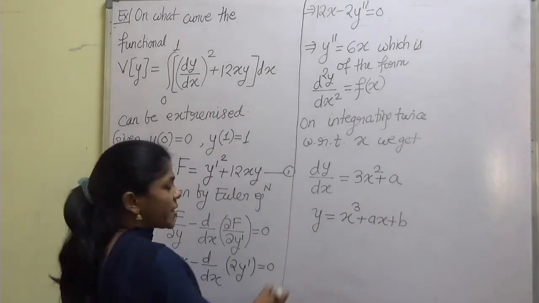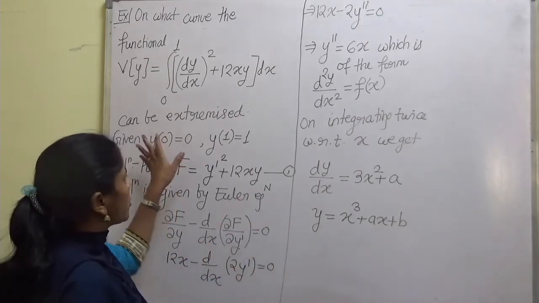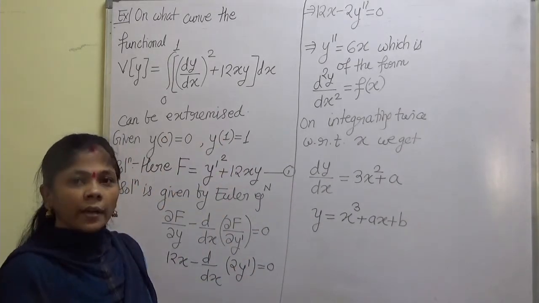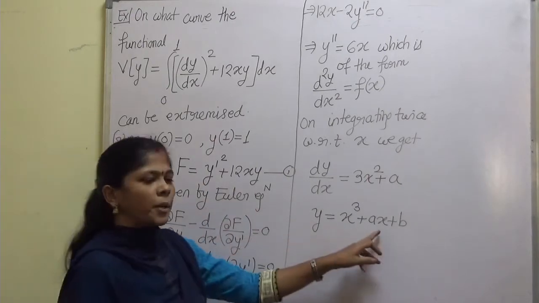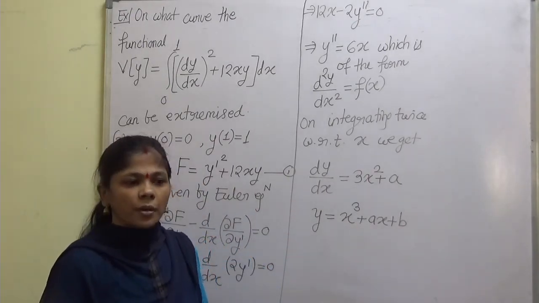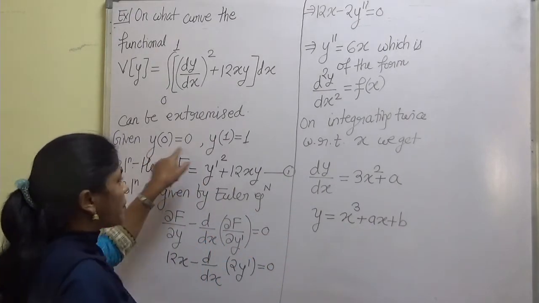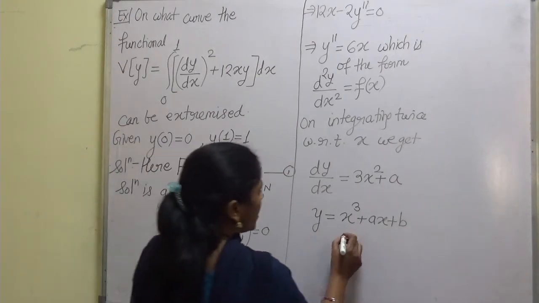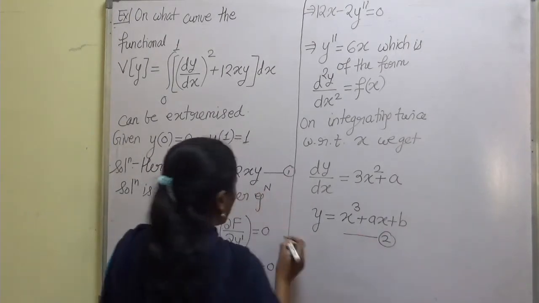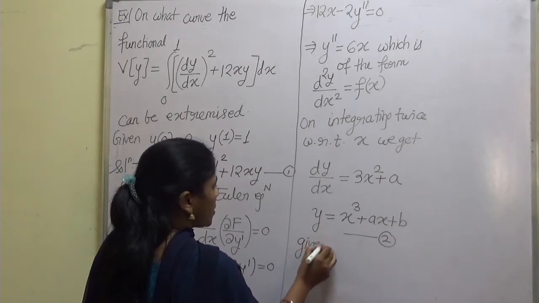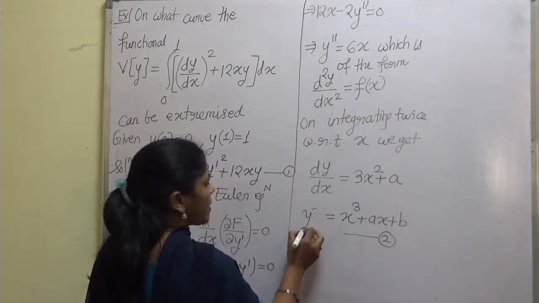So this is the required extremal, provided it satisfies the conditions. It means we will have to obtain the values of the arbitrary constants over here by making use of these conditions. Let us call this equation 2. Now remember, y is nothing but y of x.